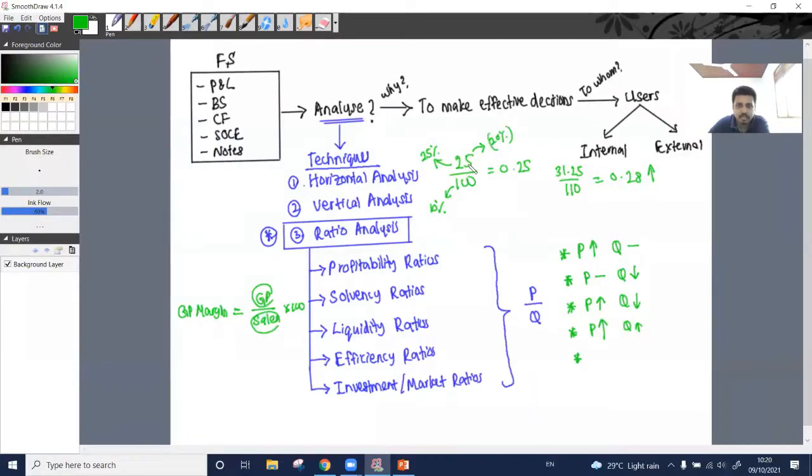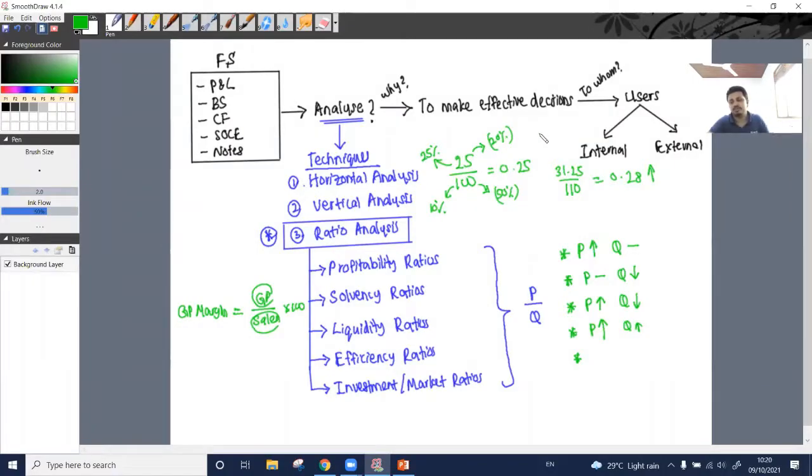And I reduce the denominator by a higher percentage than that, assume 50%. The numerator is decreasing, the denominator is also decreasing, but the denominator is reduced by a higher percentage than the numerator. Then what will happen?